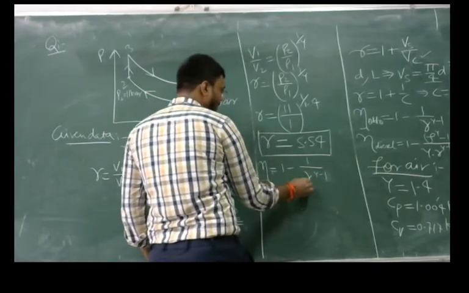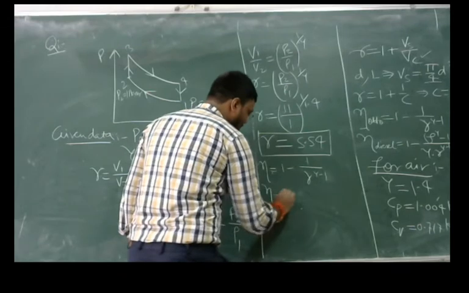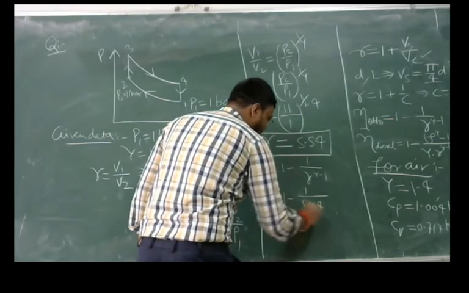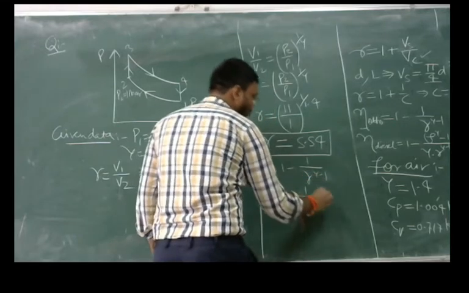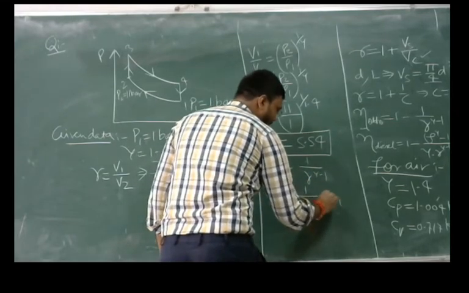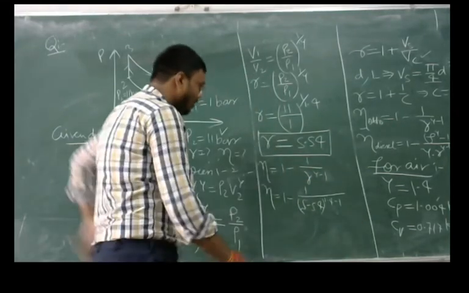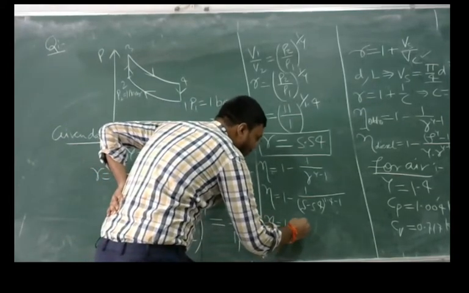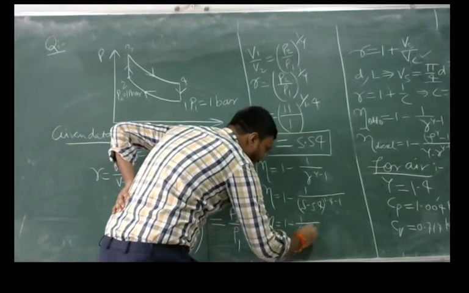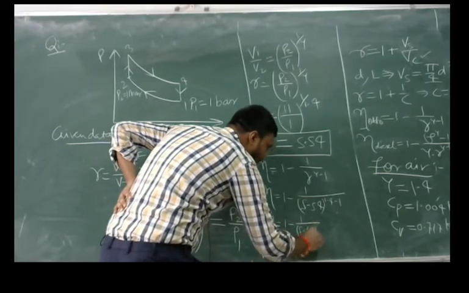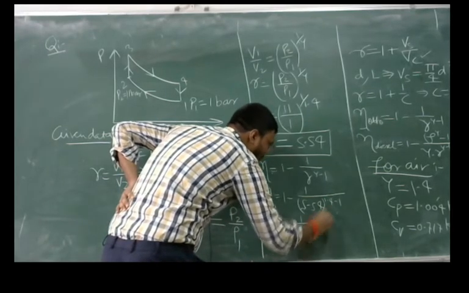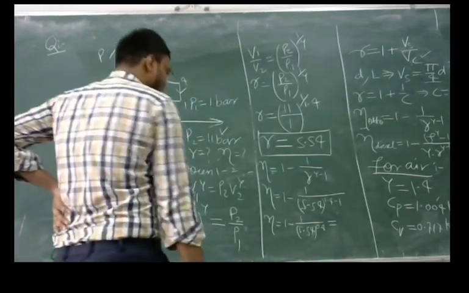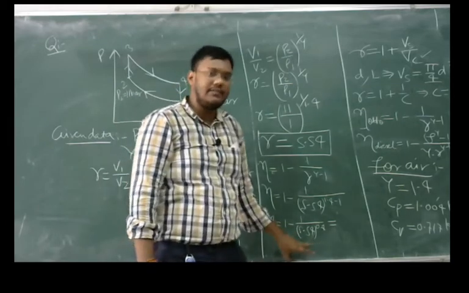Put the value of R. So eta equals 1 minus 1 by 5.54 to the power 1.4 minus 1. 1.4 minus 1 is 0.4, so eta equals 1 minus 1 by 5.54 to the power 0.4. Again you have to calculate with the scientific calculator.